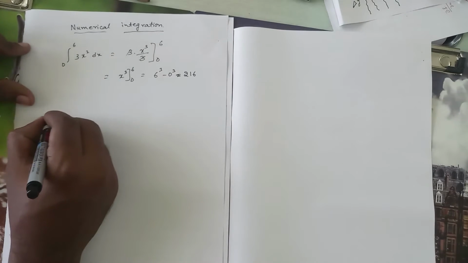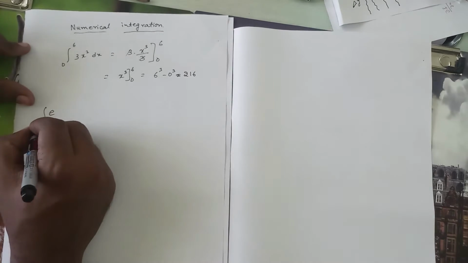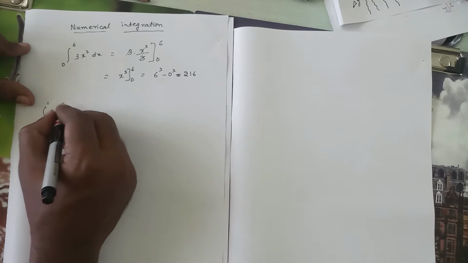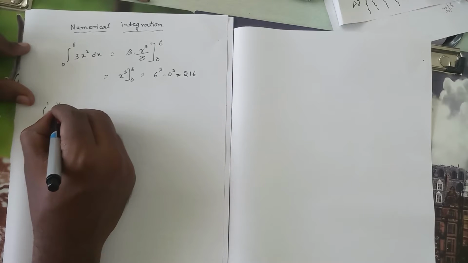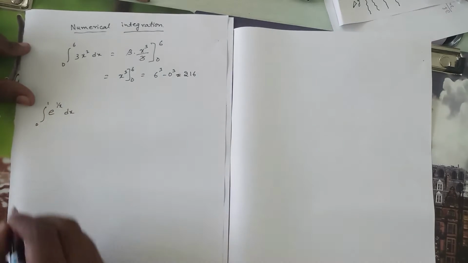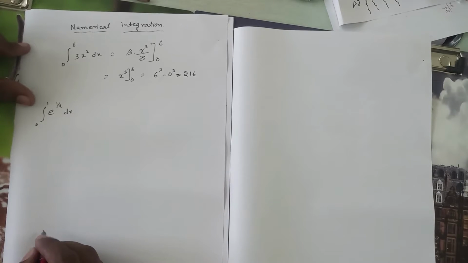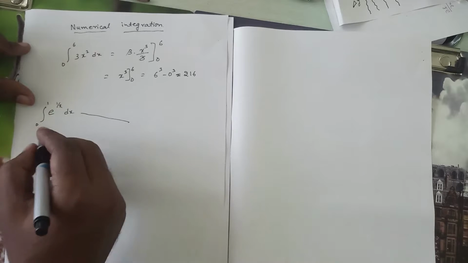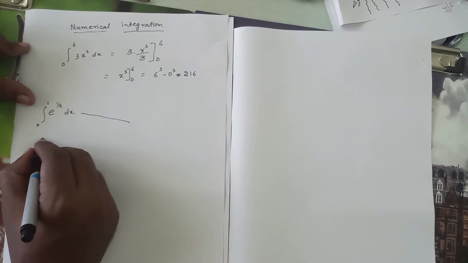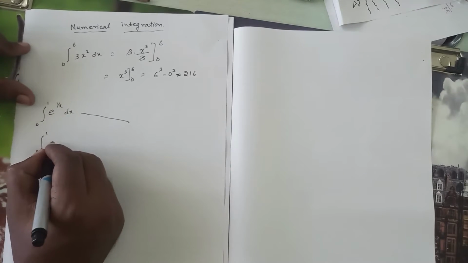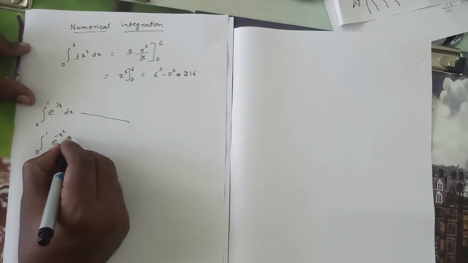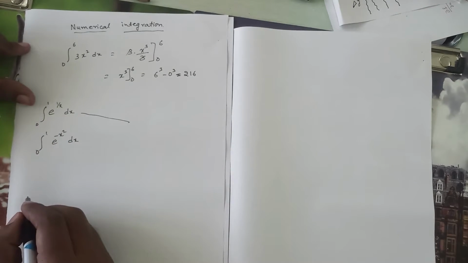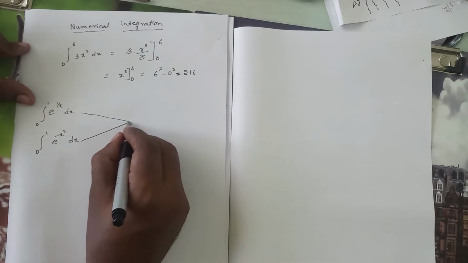But here the integration is from 0 to 1 only. So I will take 1 by x dx. Here you can't integrate this directly. And can you integrate this one? Integral 0 to 1 of e to the power of minus x square dx. This one also you can't integrate.